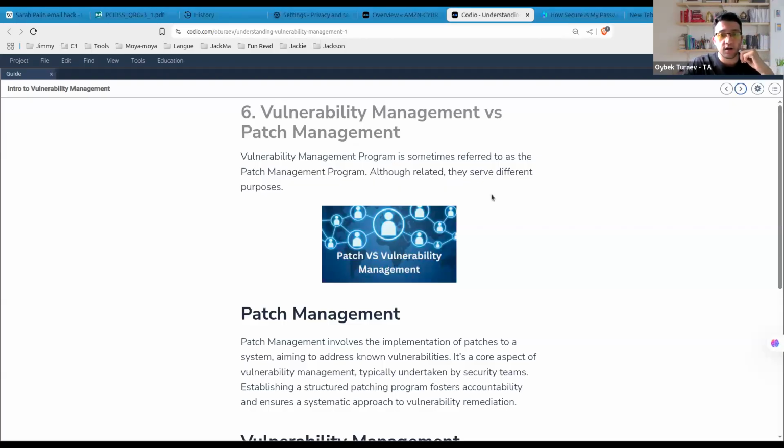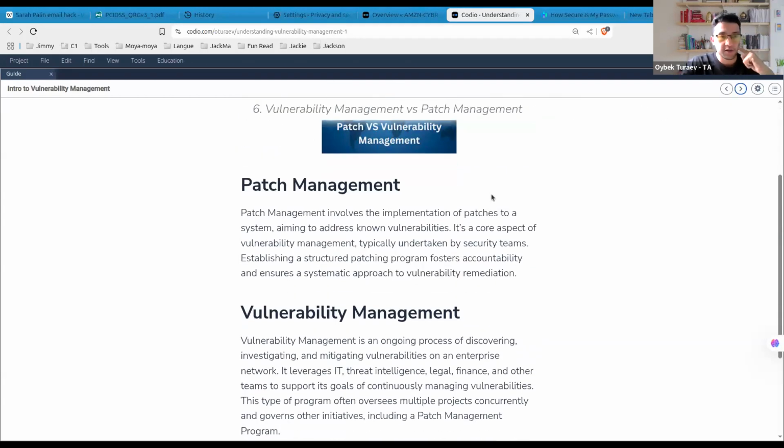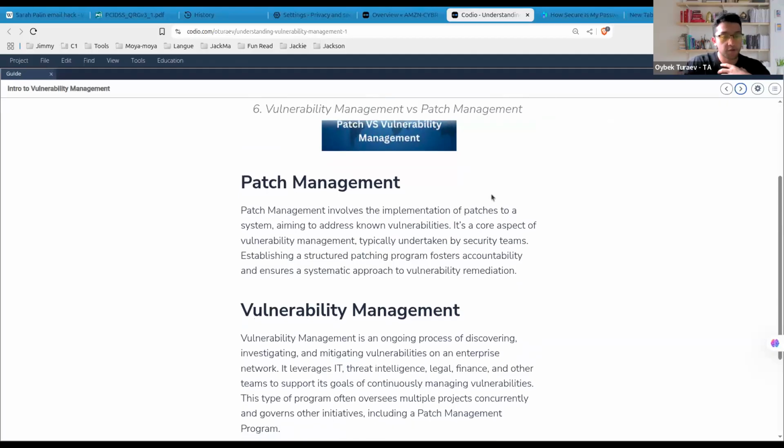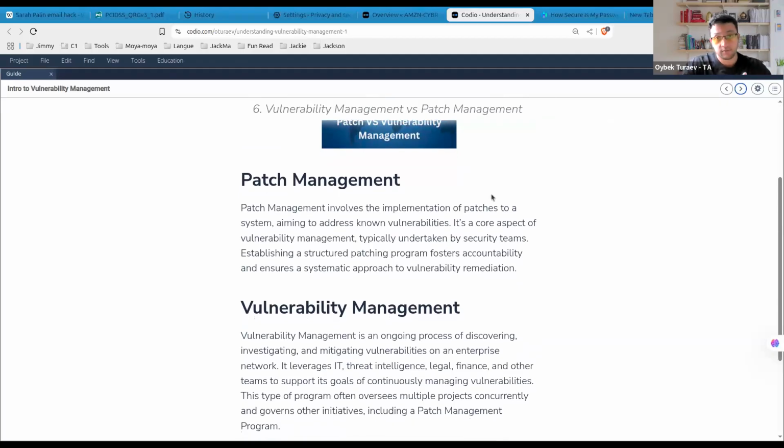Now let's talk specifically about what they are and how they differ in scope and in their mission. Sometimes vulnerability management refers to patch management, but there are differences. What is patch management? It means that if you have vulnerabilities, we need to fix this problem and apply patches to the system to address known vulnerabilities.